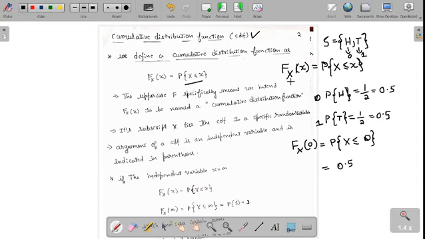This is how we use this function, and it is called the cumulative distribution function.